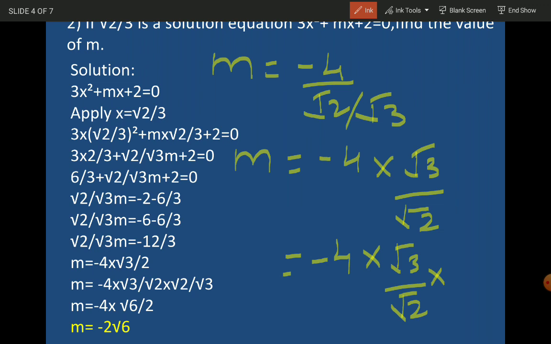on both sides, root 2 by root 2. So we get minus 4 into root 6 by root 2 into root 2.